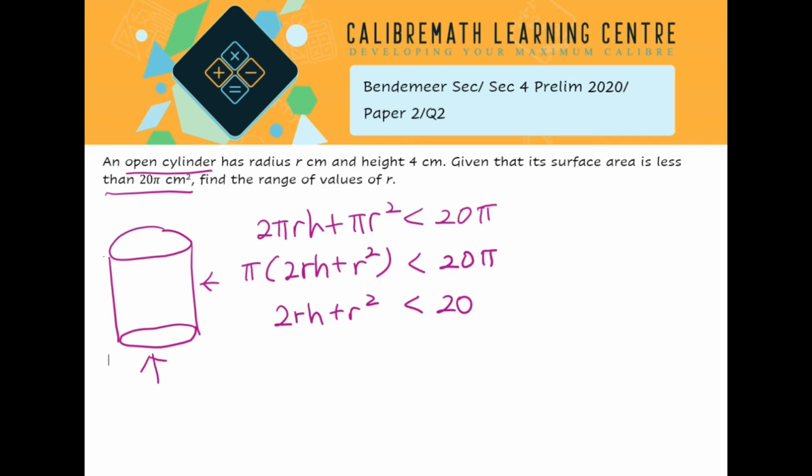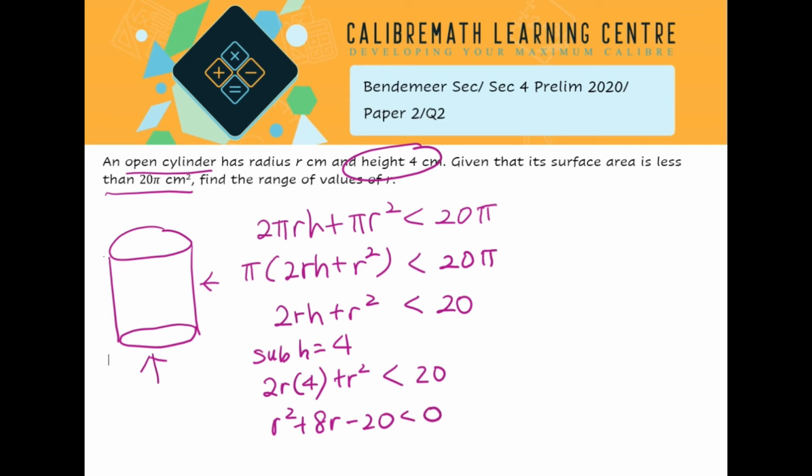And then now, since we know that the height is given to be 4 centimeters, we can sub that in, and you will get 2r times 4 plus r squared to be lesser than 20. And so you have r squared plus 8r minus 20 less than 0, and this is your quadratic inequality here.